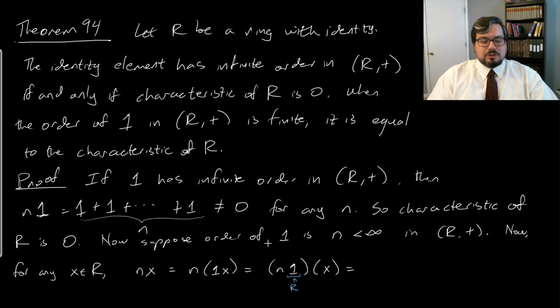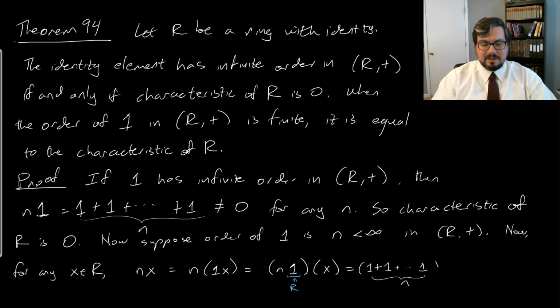But we were told that the order of 1 in the group R plus is n, which means that if I take n times 1, that's 1 plus 1 up n times, and we assumed that that was 0.